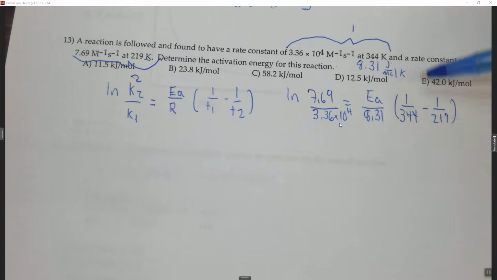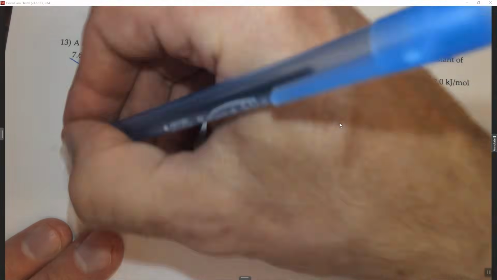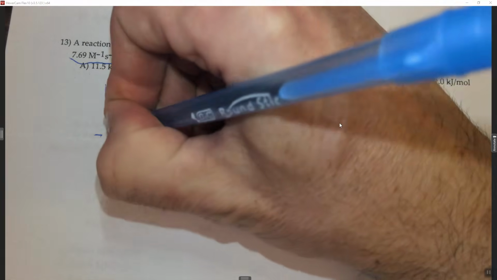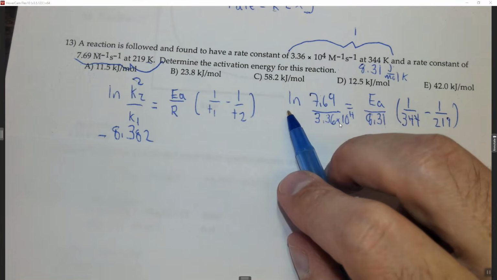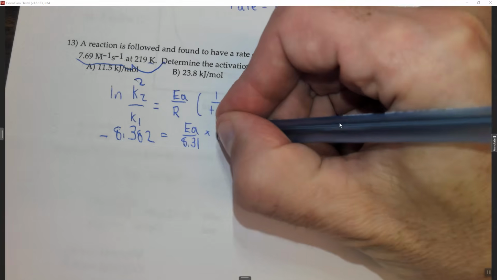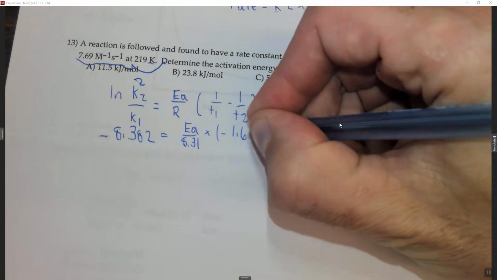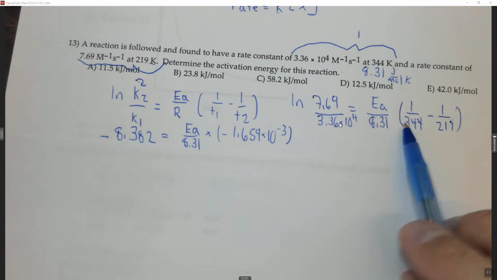Now we need to divide these out and subtract, then take what you get and divide it by 8.31. When you simplify this, you get negative 8.382, which is just this divided by this, and then take the ln on your calculator, equals EA over 8.31 times negative 1.659 times 10 to the minus 3, which is this whole thing.